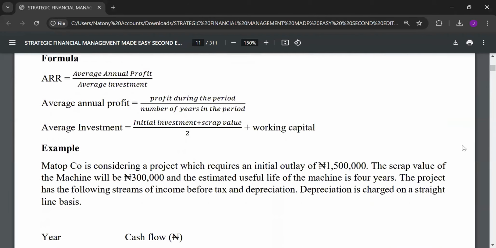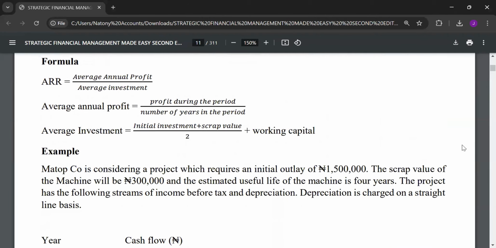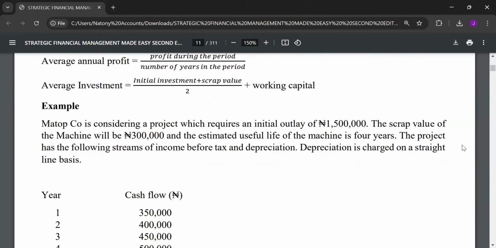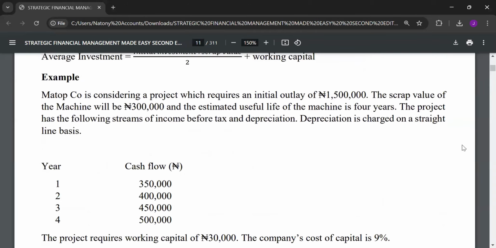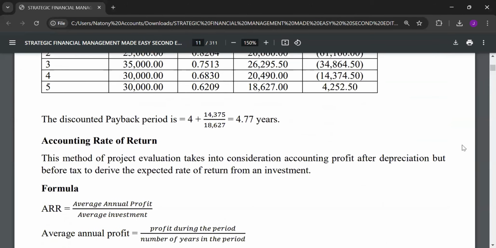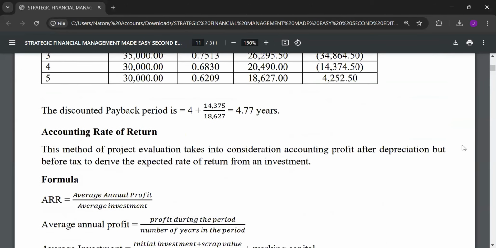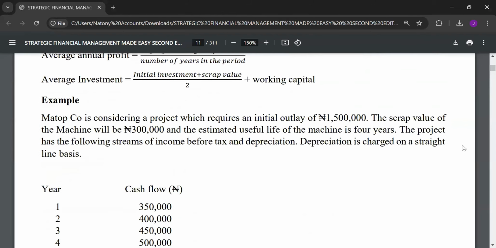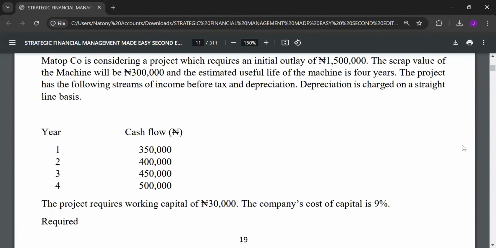So the accounting rate of return is the next, and that talks about average profits over a period of time. This is the formula. This method of project evaluation takes into consideration accounting profits after depreciation, but before tax. So you don't take taxation into consideration using the accounting rate of return.